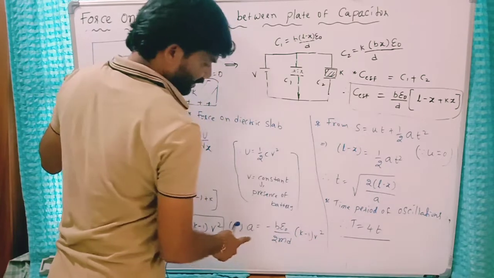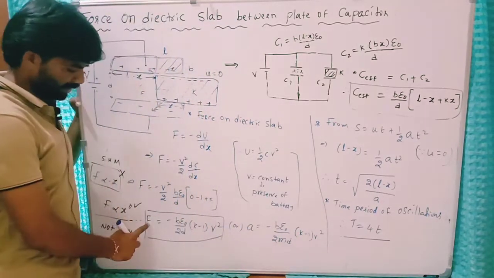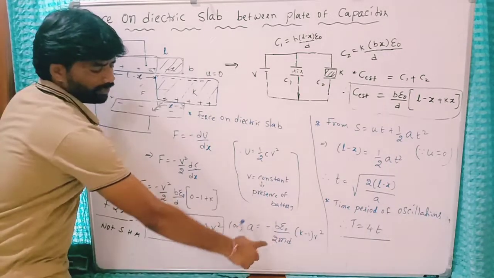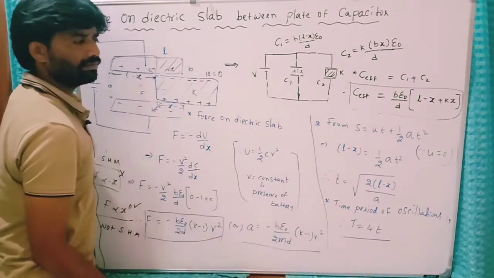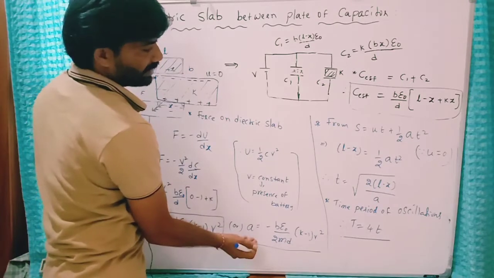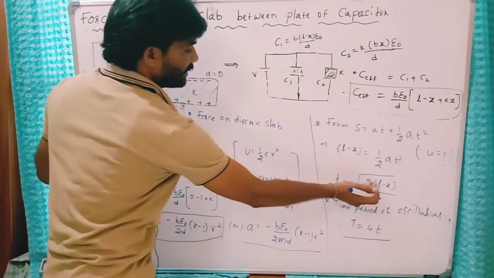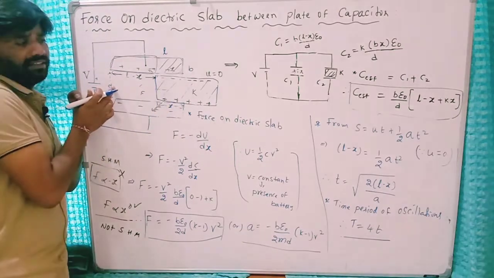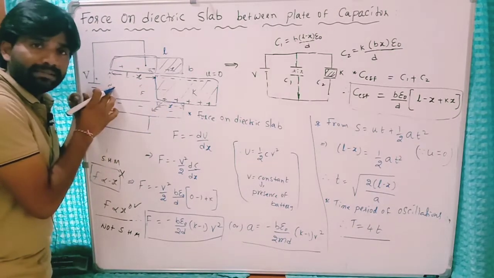Half a t square, already you have the acceleration, based on this F is equal to ma, right? M this side, you will get the acceleration of that slab. Now after getting this acceleration, you can substitute this a here to get the time taken by the slab to cover this distance.